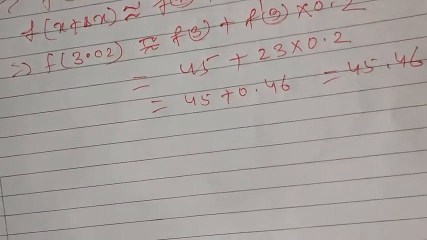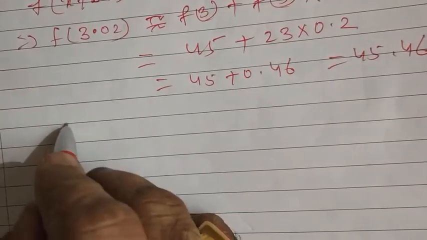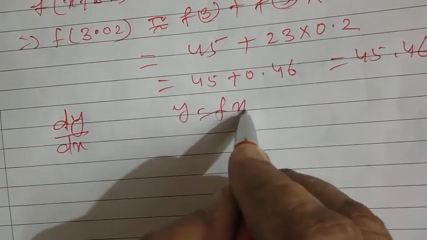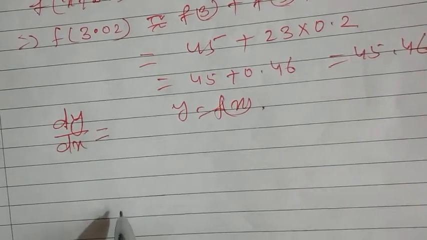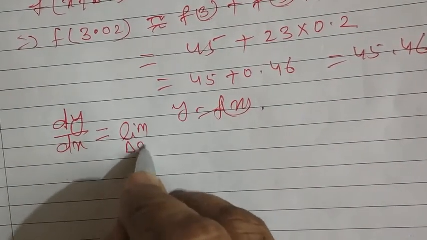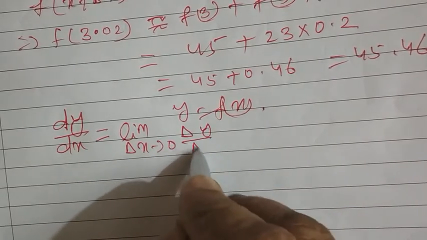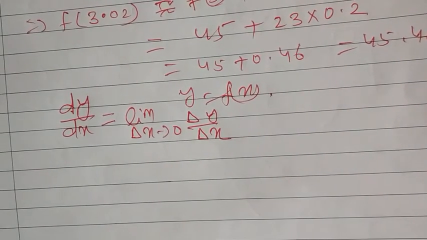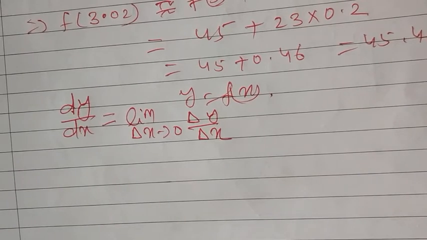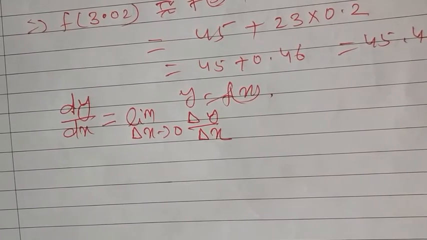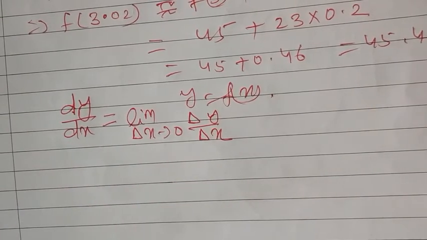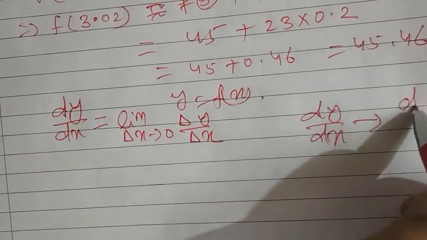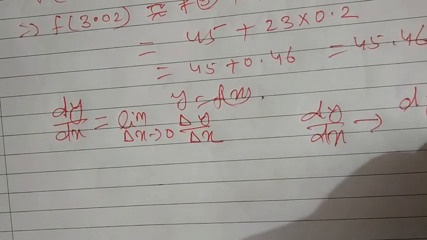Now coming to the basics. When we find dy by dx for a function y equal to f x, the definition was limit delta x tends to 0 of delta y by delta x. We have read in class 11 this notation, Leibniz notation. Here I shall think of this dy by dx as nothing but the ratio of dy and dx.